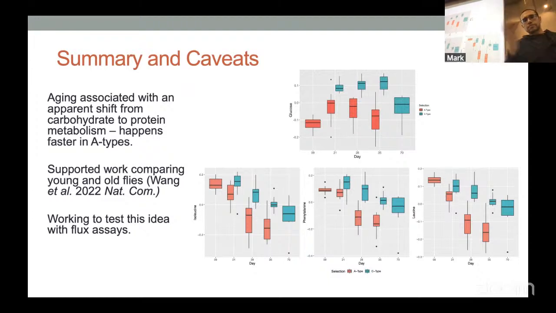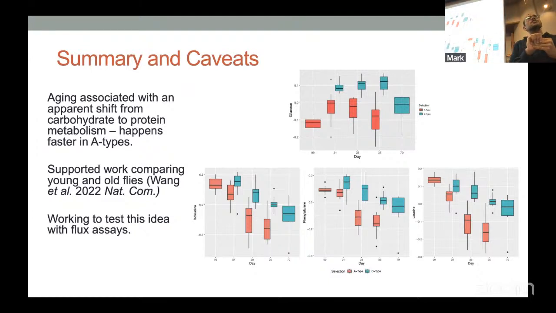It's kind of expensive, but you would feed that to the flies. And then when you do your mass spec work, you can actually see where those carbohydrates are going. So now instead of inferring that this glucose is driving more glycolysis and going into the TCA cycle and all of that, you would actually be able to trace this, and see it in depth.